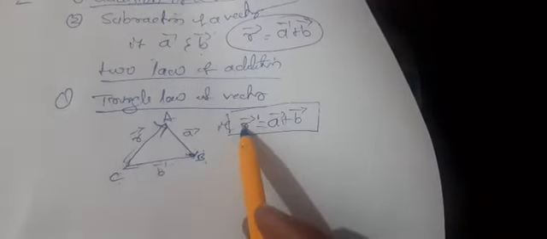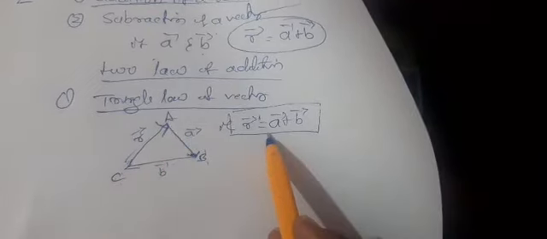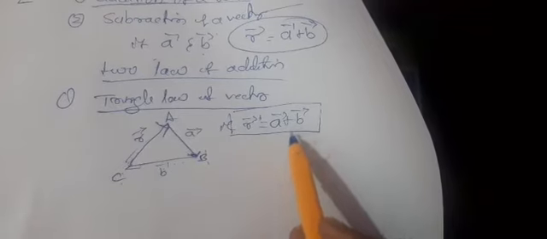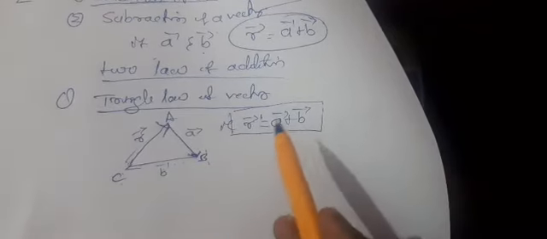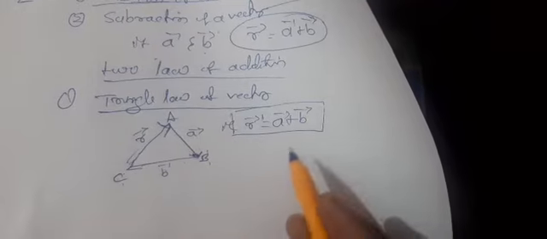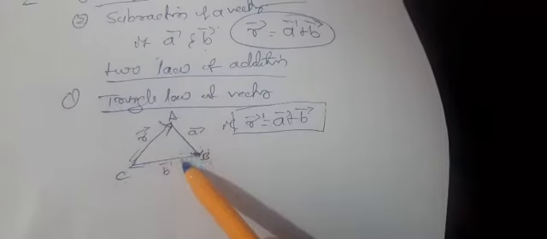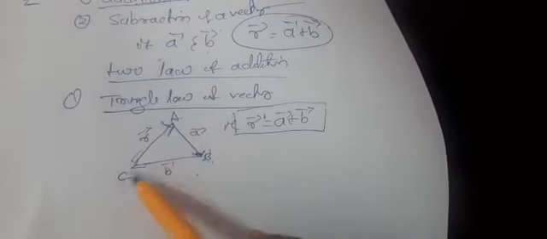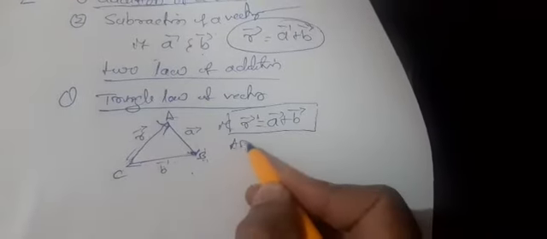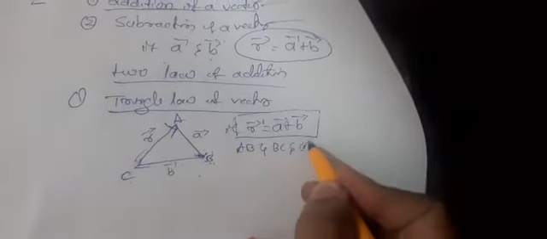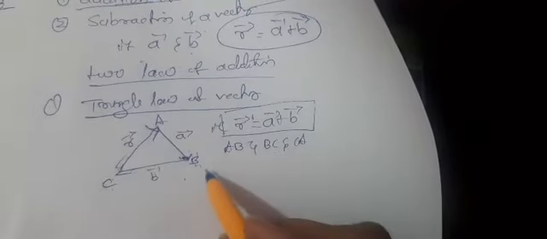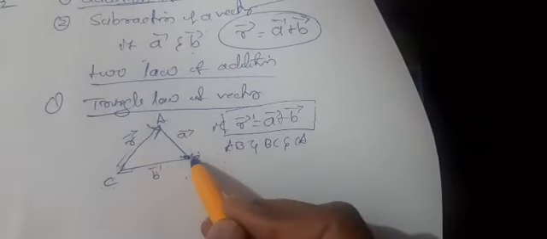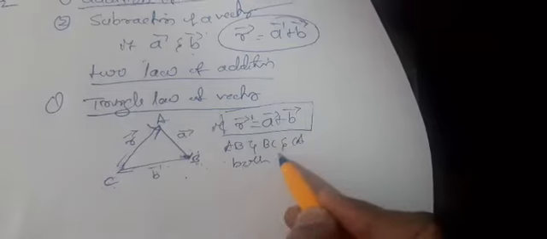Vector R is called the resultant line, and vector A and vector B are the adjacent sides of the triangle. This is the statement of the triangle law. Now, what is the explanation of this triangle law? In triangle ABC, AB, BC and CA are the three sides of a triangle.